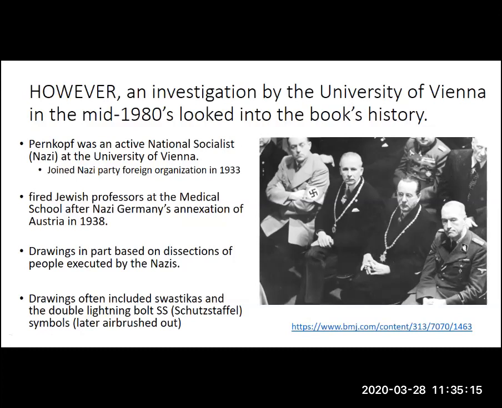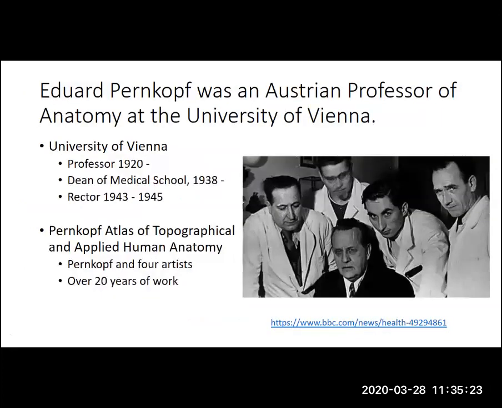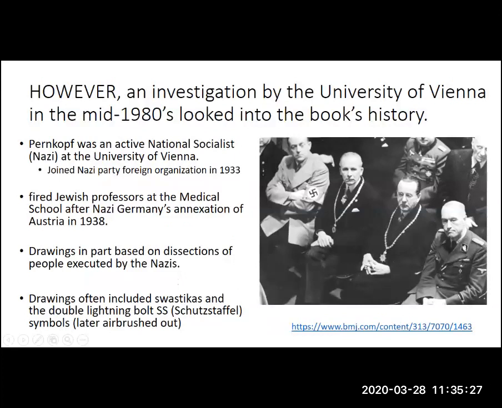And then as they continued their investigations, they were able to determine that the artists he'd been working with, the 4 artists on this previous slide, had often included swastikas and the double lightning bolt SS symbol in their signatures and kind of hidden them within the images.